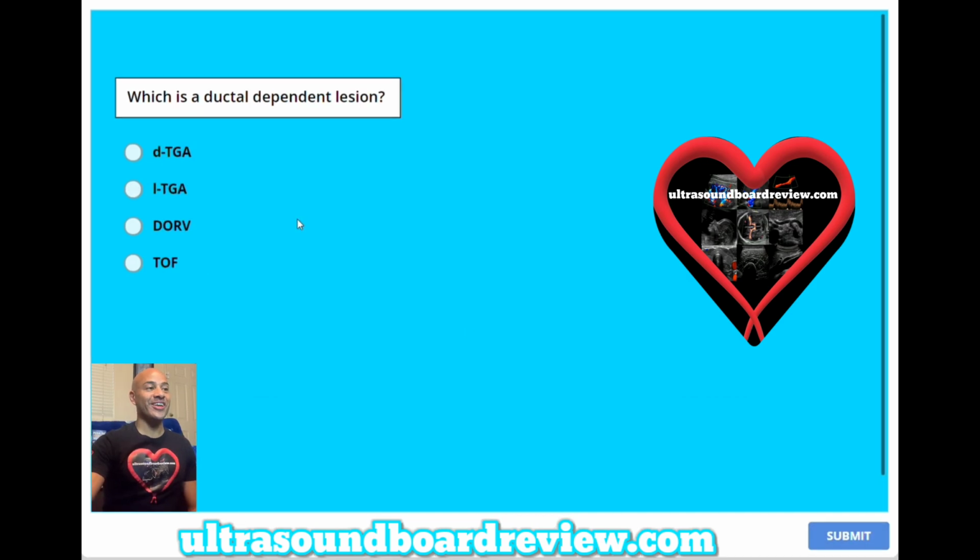Question 130. Which is a ductal-dependent lesion? A, detransposition of the great arteries, B, L-transposition of the great arteries, C, double outlet right ventricle, or D, tetralogy of Fallot?